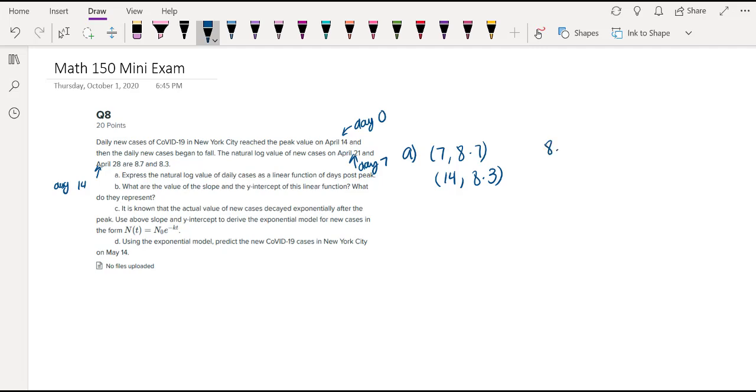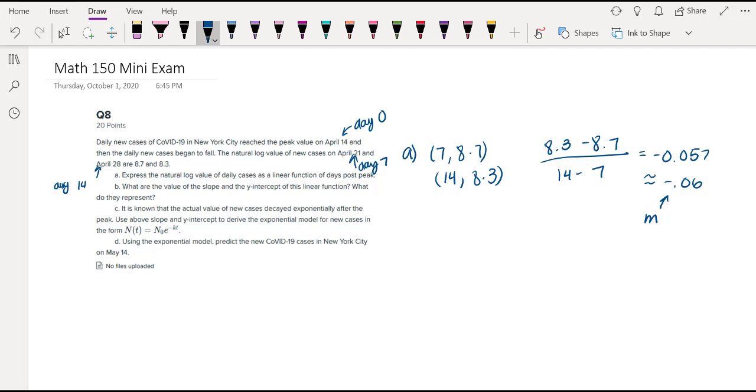So we get (8.3 minus 8.7) over (14 minus 7). When we type that into our calculator, we get approximately negative 0.057, which rounds to negative 0.06. So that's my slope, this is my m.